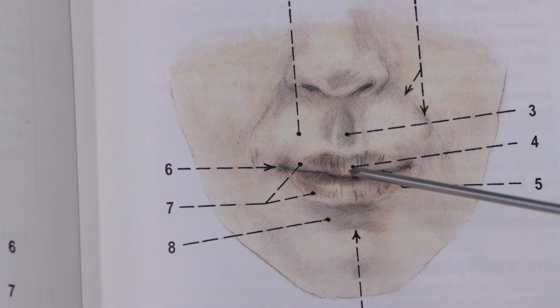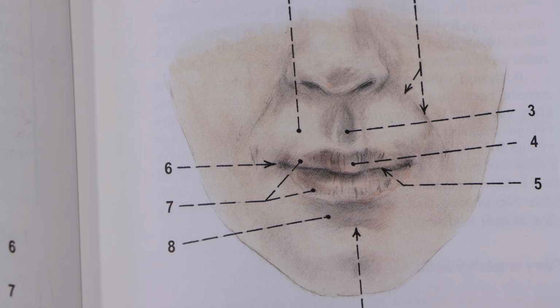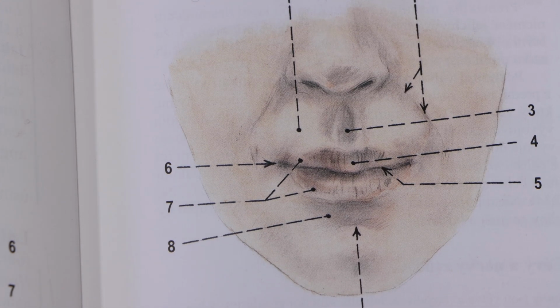The development of the upper lip is sometimes disturbed, and the disorder is called cleft. This cleft can be in the lip alone, or together with the jaw or maxilla, or together with the lip, jaw and the palate.